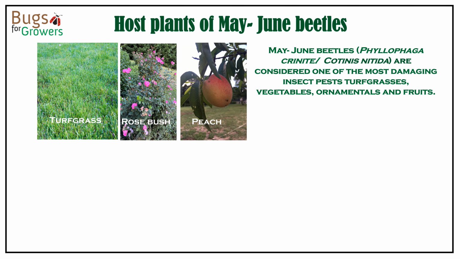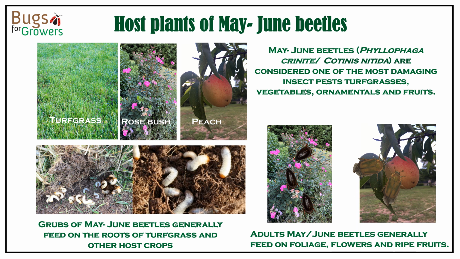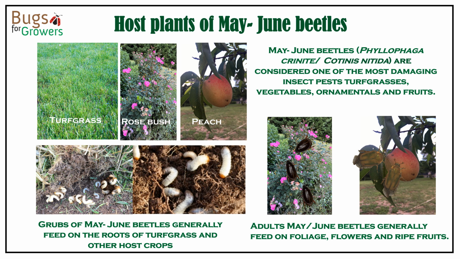May and June beetles are considered one of the most damaging insect pests of turf grasses, vegetables, ornamentals, and fruit crops. Their grubs generally feed on the roots of turf grasses and other host crops, whereas their adults feed on foliage, flowers, and fruits.